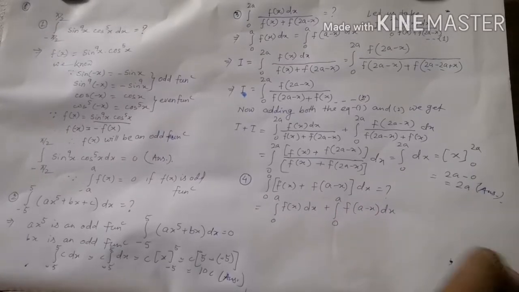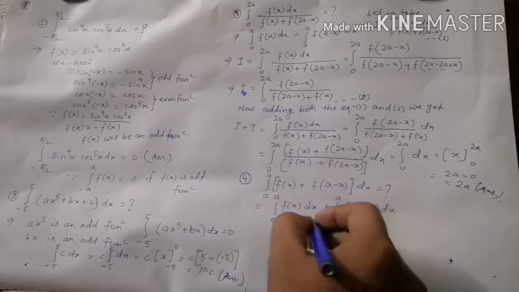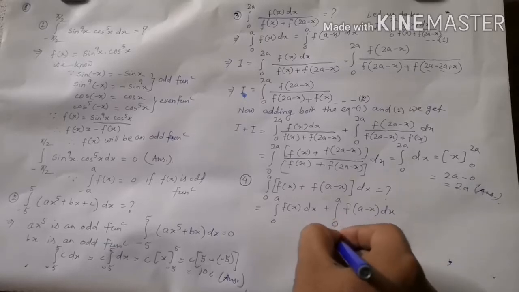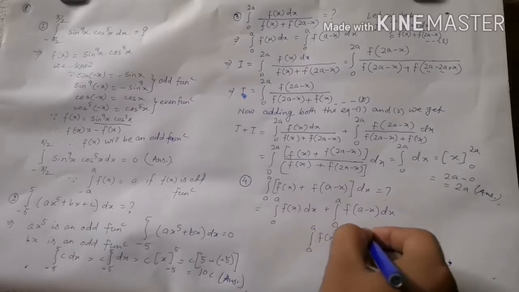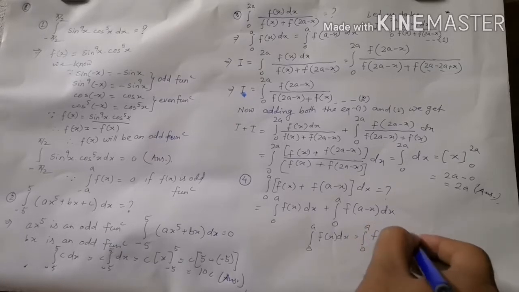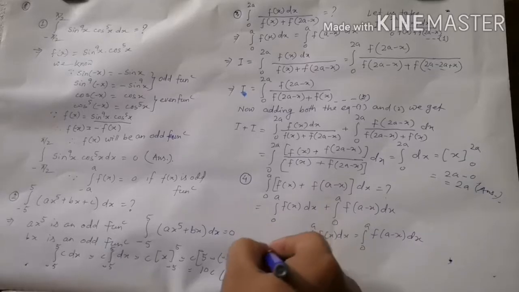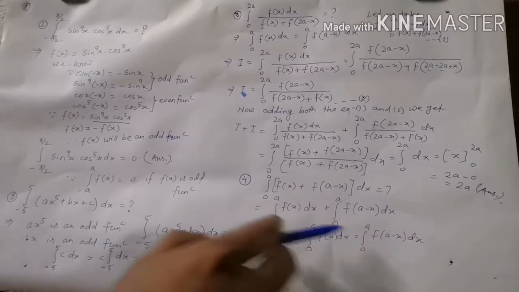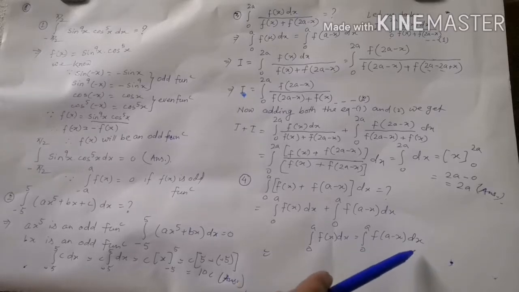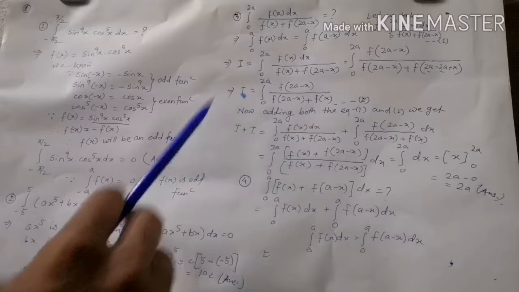So from the initial part of integration, we know some formulas of definite integration. They are integration 0 to a f(x) dx equal to integration 0 to a f(a minus x) dx. So we put the formula in this question. So here integration 0 to a f(a minus x) dx will be integration 0 to a f(x) dx.